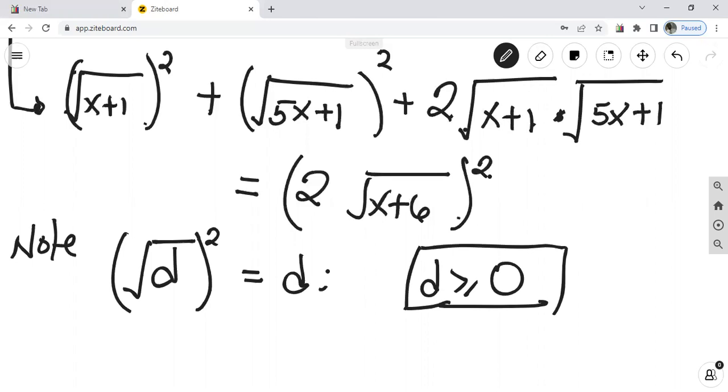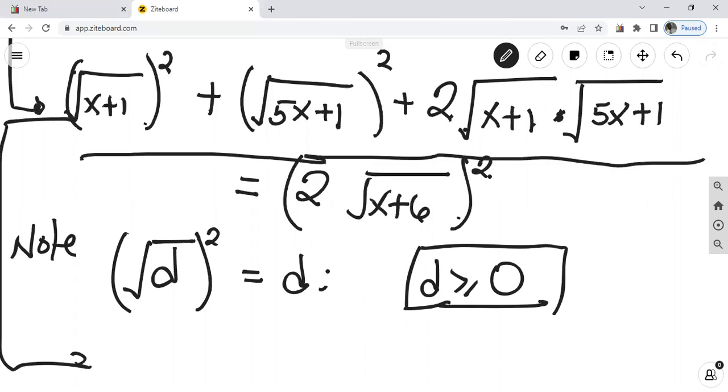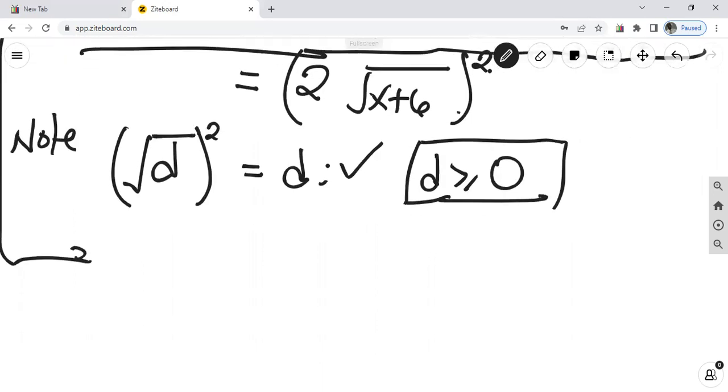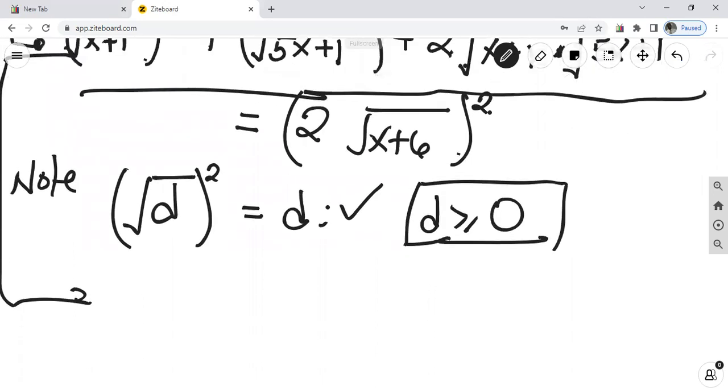So with that information, I can expand the expression here using the information.